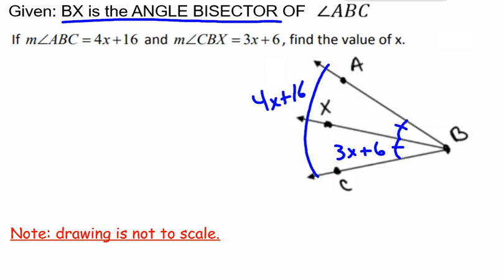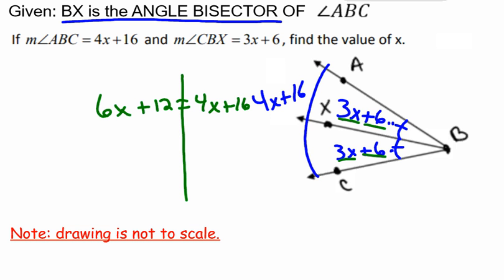Well, if CBX is 3x plus 6 and these two are equal, that means this is also 3x plus 6. So the little two angles added together have to be equal to the big one. So 3x plus 3x gives me 6x, 6 plus 6 gives me 12, which has to equal the big angle, which is 4x plus 16.